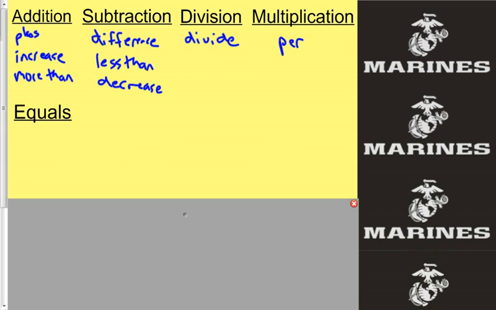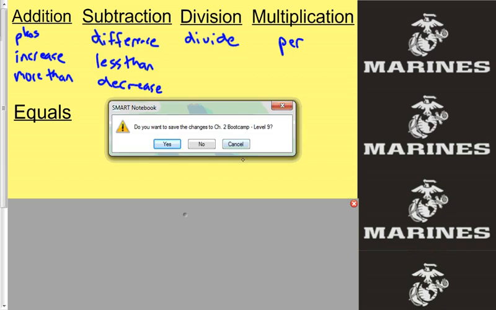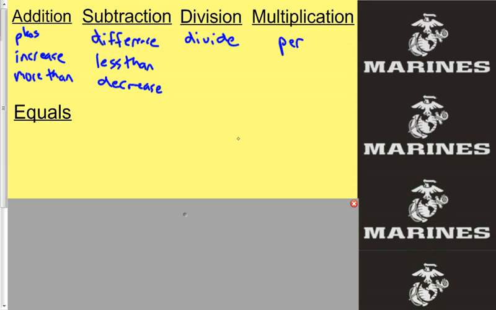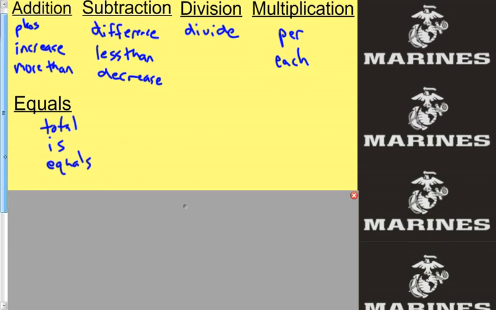But more often than not, per is going to be representing multiplication. So is each, the word each. All right. And lastly, equals. Where are you going to find an equal sign? Well, that would be if you had the word total, or is, or equals. Those are all words for equals. So make sure you have those written down. If you don't, please do so.